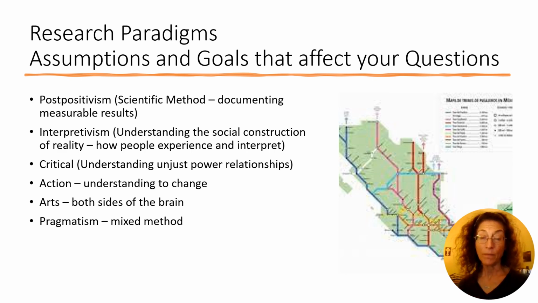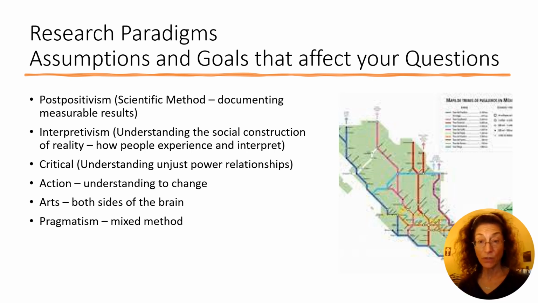It comes from an assumption that there is oppression in the world, that there is injustice, and that it is omnipresent, that it affects all areas of our lives, that the way that power is used in our world is not the way, as we would say, that God wants it to be used. And so if you have a critical research paradigm, whatever phenomena you are looking at, you are also looking at unjust power relationships that are occurring as part of that phenomena.